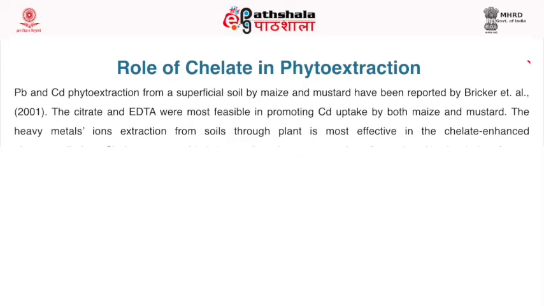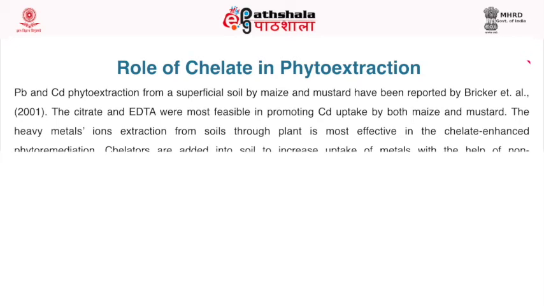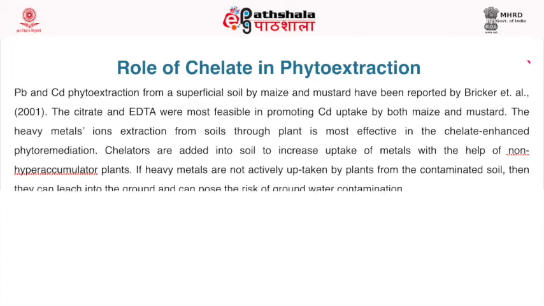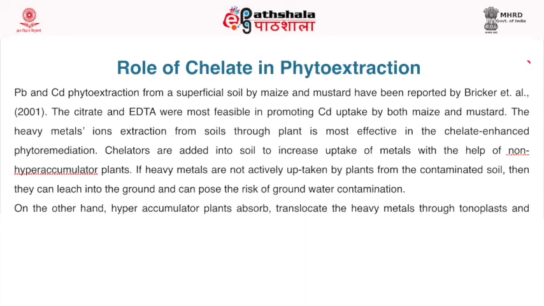The heavy metal ion extraction from soils through plants is most effective in chelate enhanced phytoremediation. Chelators are added into soil to increase uptake of metals with the help of known hyperaccumulator plants. If heavy metals are not actively taken up by plants from the contaminated soil, then they can leach into the ground and can pose the risk of groundwater contamination.